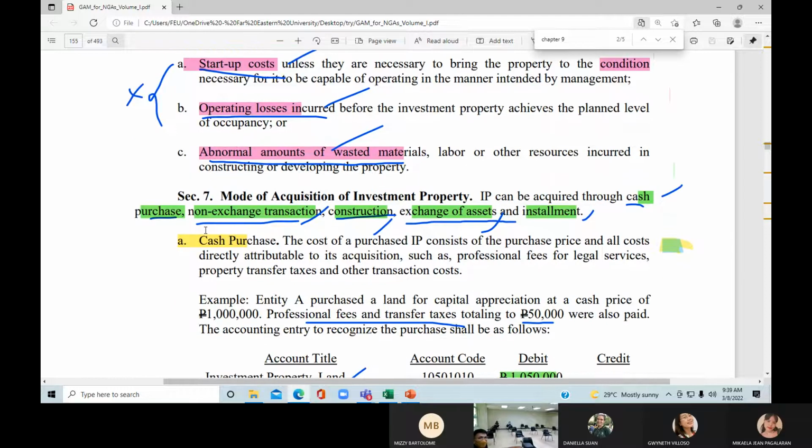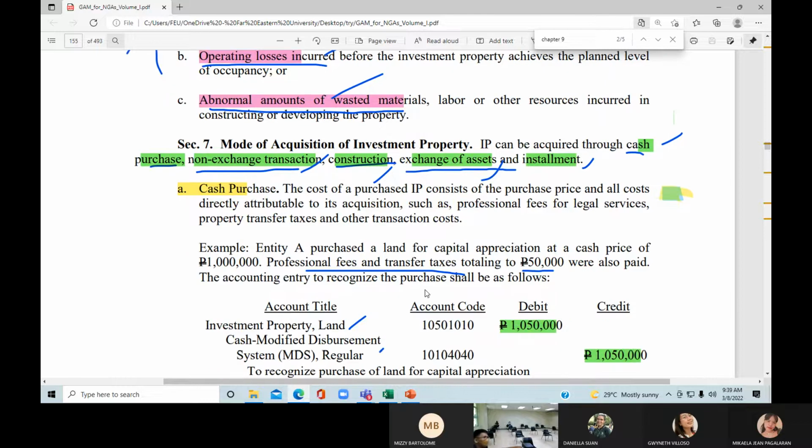Punta natin yung example dito, yung una example, no? Through cash purchase. Entity A purchased a land for capital appreciation at a cash price of 1 million. Professional fees and transfer taxes totaling 50,000 were also paid. The accounting entry to recognize the purchase shall be as follows. So ano ba yung professional fees and transfer taxes na yan?